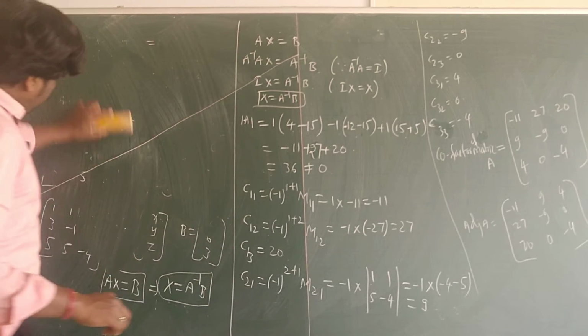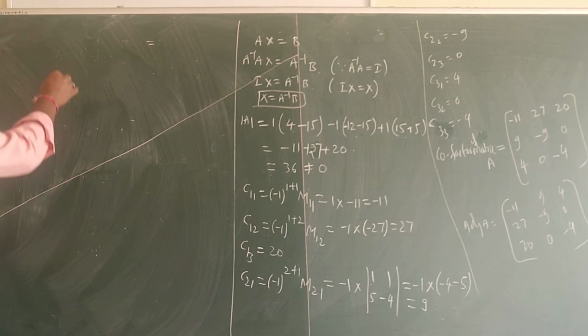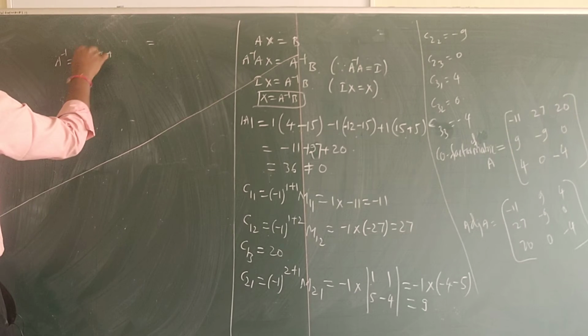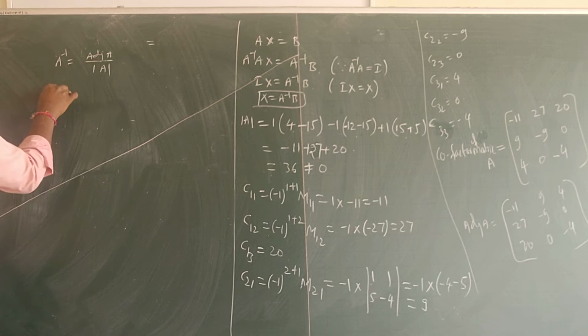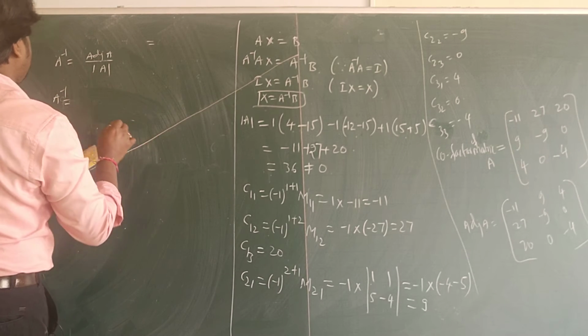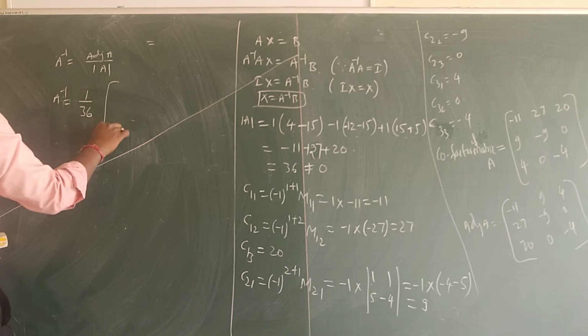Okay, we have to find the inverse. So here A inverse is equal to adjoint of A by determinant of A. You got the matrix. 1 by determinant of A is how much? 36. 1 by 36 we will write.